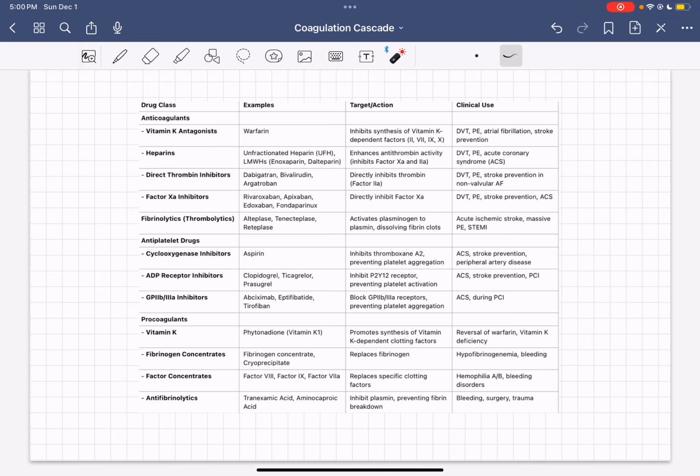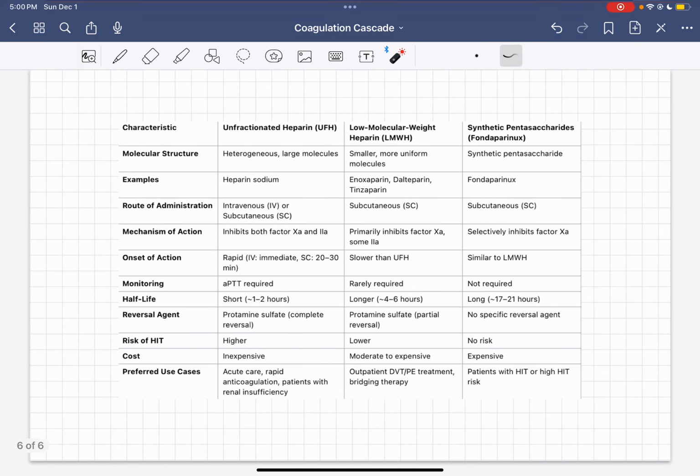And then factor 10A inhibitors are these, and they're going to directly inhibit your factor 10A. Alright. Now there are some antiplatelet drugs. If you have seen my previous video on the cyclooxygenase pathway, I explained about these over there. Now, there are also some procoagulants, obviously vitamin K, because the common and extrinsic pathway is dependent on vitamin K. So yeah, that's how it is.